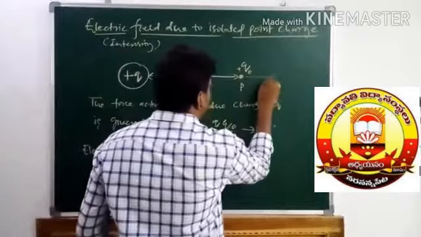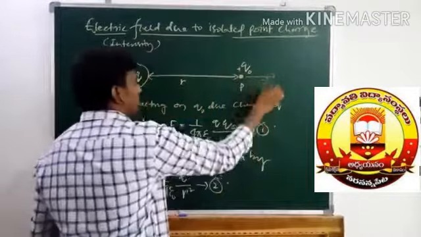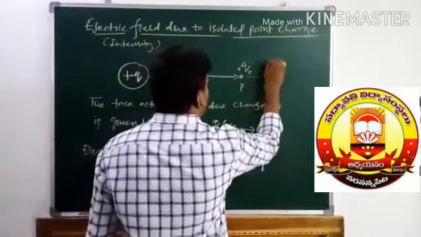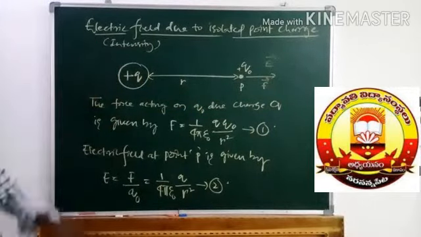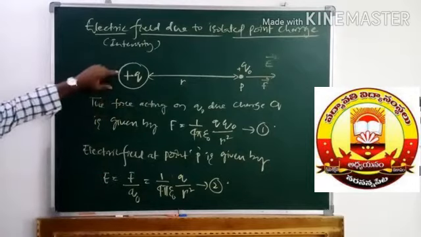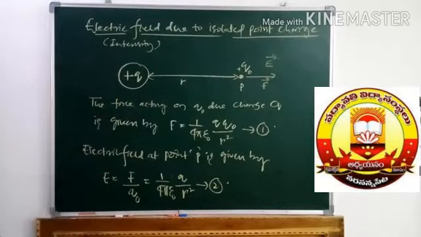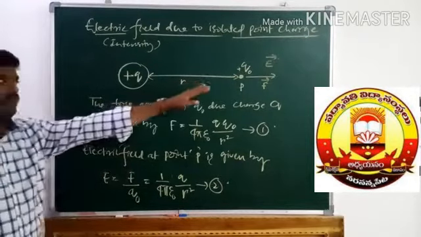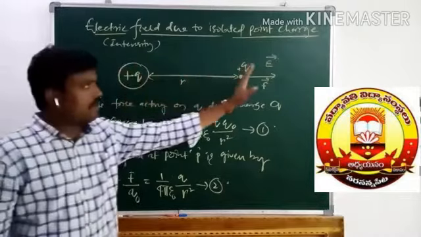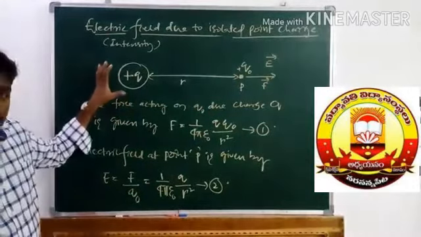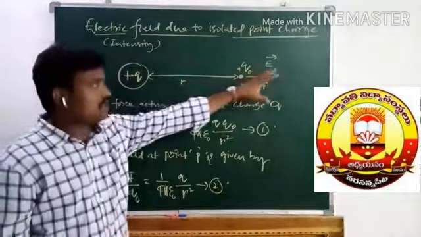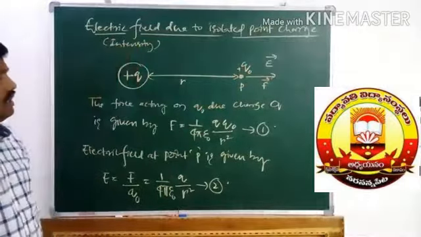So this is the direction of force, and in the direction of force only we have the electric field intensity direction, as this is a positive charge. The direction of electric field due to positive charge is away from the positive charge, and the direction of electric field intensity due to negative charge is different.